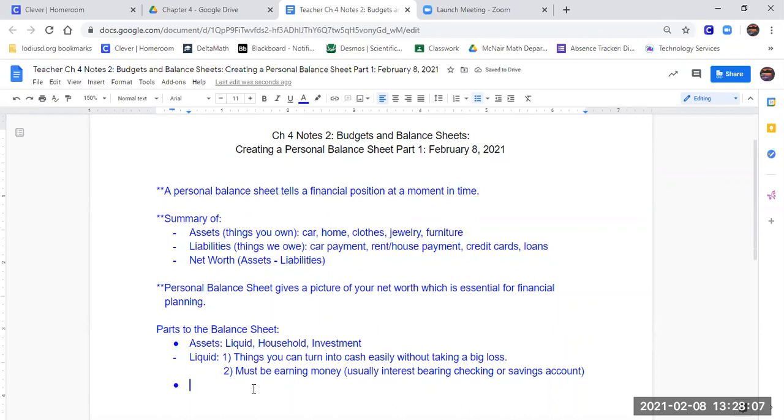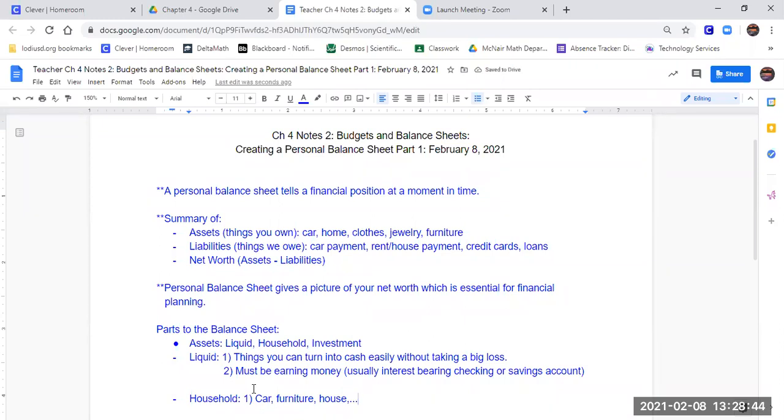Next kind, we have household assets. Household assets are things like your car, your furniture, your house, things like that.